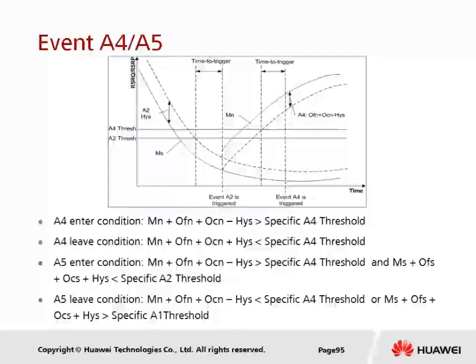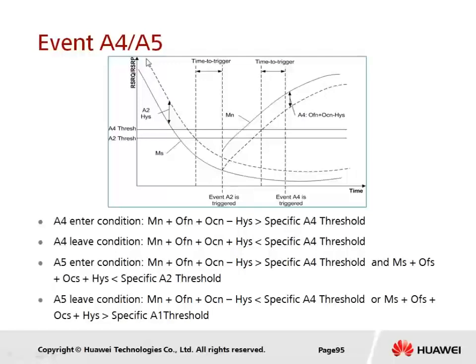As for event A4, that is to compare the signal of the neighbor with a specific A4 threshold. So it means MN plus OFN, the neighboring frequency offset, the neighboring CIO, and hysteresis is greater than a specific A4 threshold. The user will leave A4 when the neighbor is worse than a specific A4 threshold.